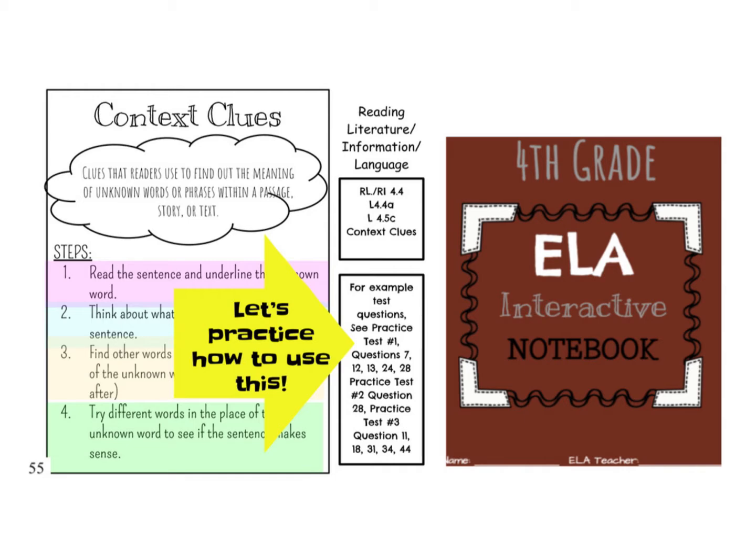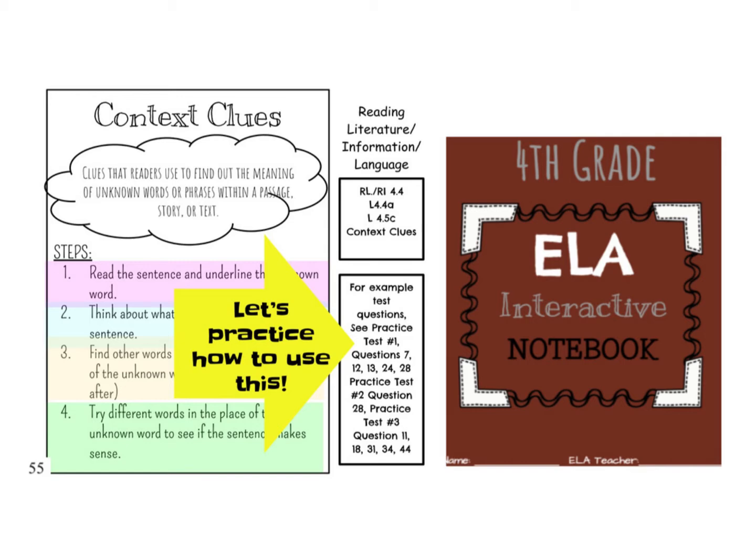So using your interactive notebook, at this time, I would like for you to notice the tabs. There is one tab that says At Home Practice. Please open to the At Home Practice tab in your interactive notebook. I'm noticing in this box, once again, it says see practice test number 1.